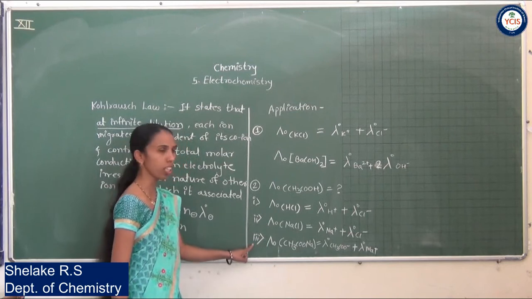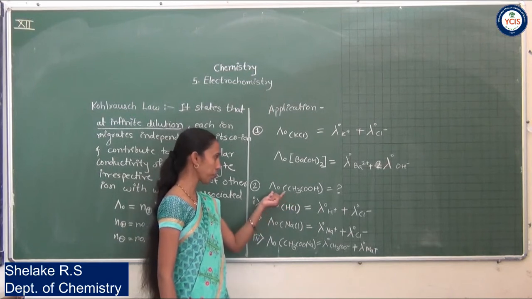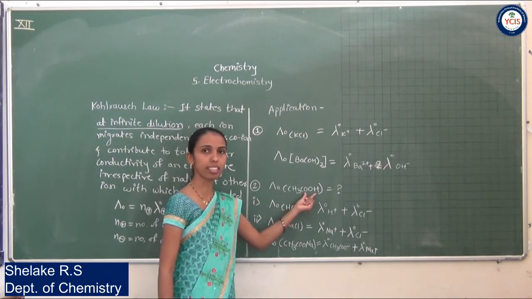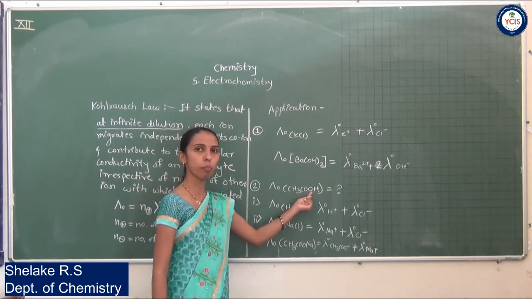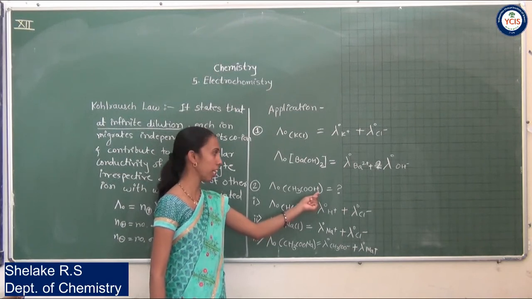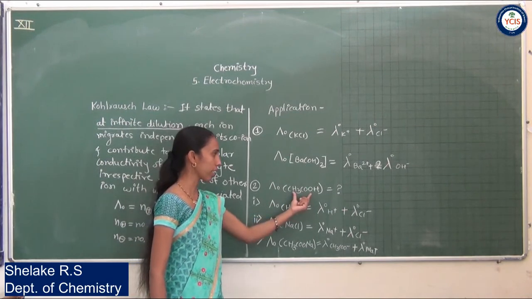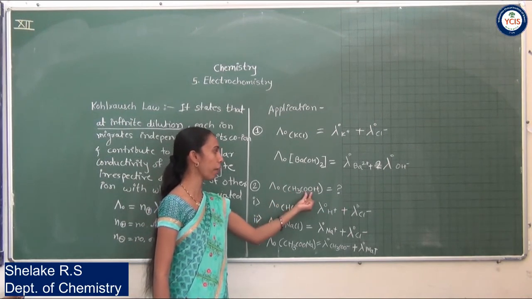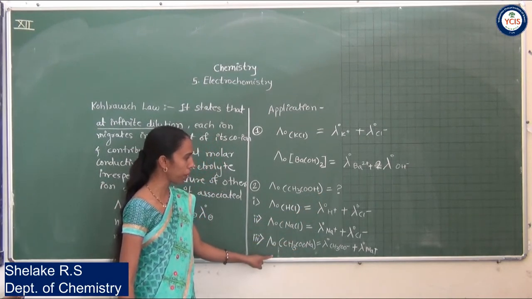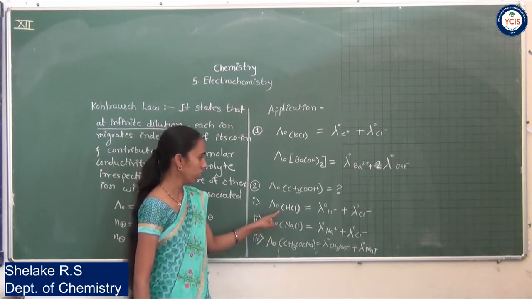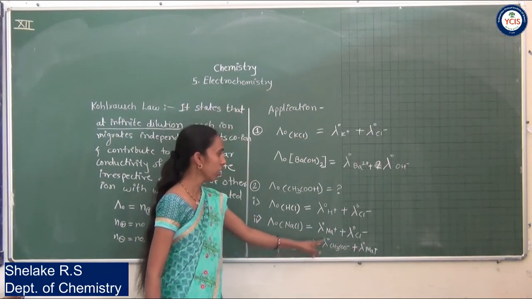From these equations we have to apply a mathematical operation. How can we apply it? See here, CH3COOH acid, how will it ionize? It will ionize as CH3COO minus and H plus. H plus is the cation, CH3COO minus is the anion. Now, for getting CH3COO minus and H plus, we apply mathematical operations. By adding the equations, we have to cancel Na plus and Cl minus.